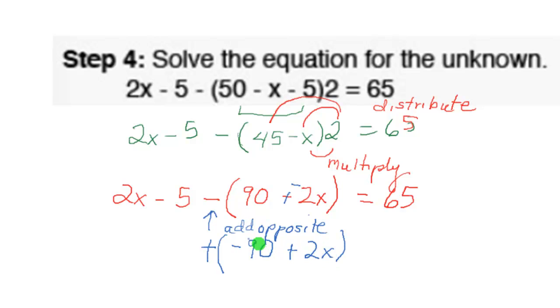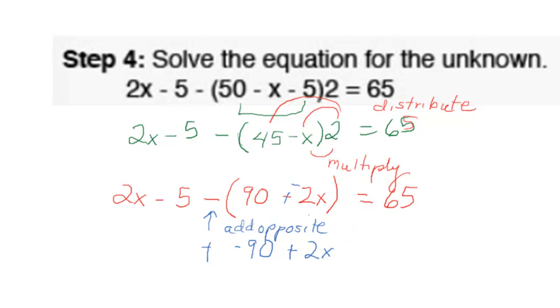At this point, you can then drop these parentheses because now all we have is plus. So I'm going to go ahead and just drop those parentheses. They are gone. Matter of fact, let's erase them. That would be better. Erase the parentheses. All right, very good.